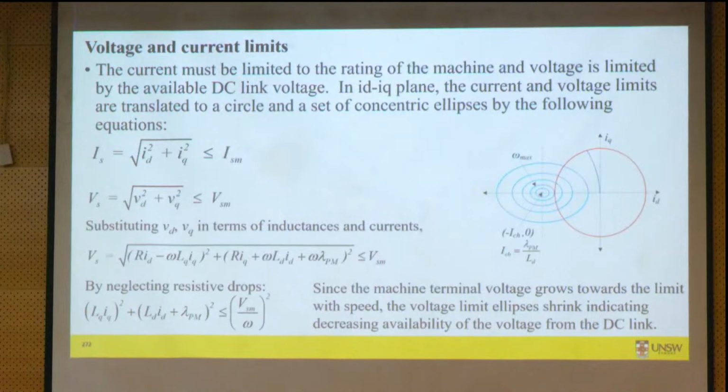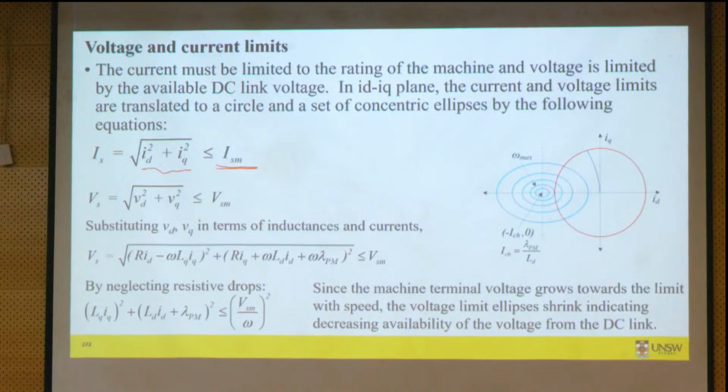The limits for the current come from the rated current of the motor, right? You cannot operate your motor above its rated current. So whatever ID and IQ you select, the square sum of those two currents must always be less than or equal to the peak rated current of the motor.